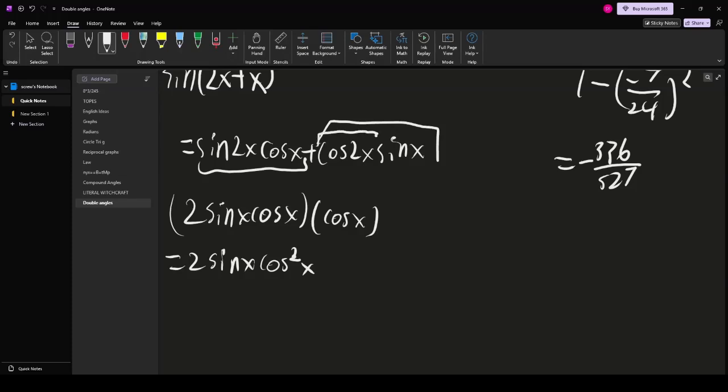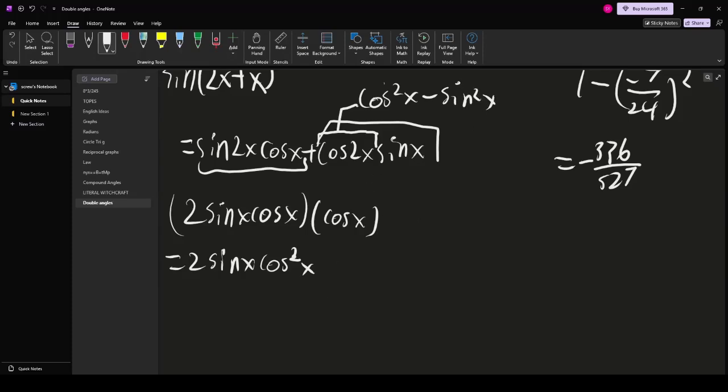This part, you might notice cos 2x here. Like earlier I said, it doesn't matter which version of cos 2x you use. Here it does because the question specifically asks for it in terms of cos x and sine x. So we're going to use the version of cos 2x with both ratios, which is cos squared minus sine squared.